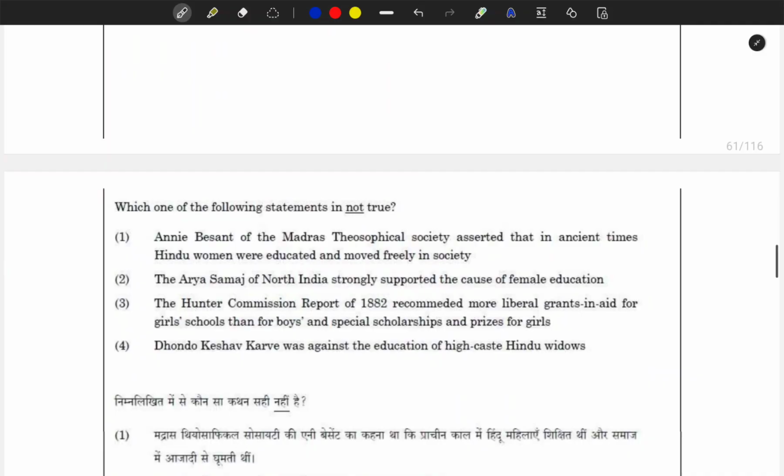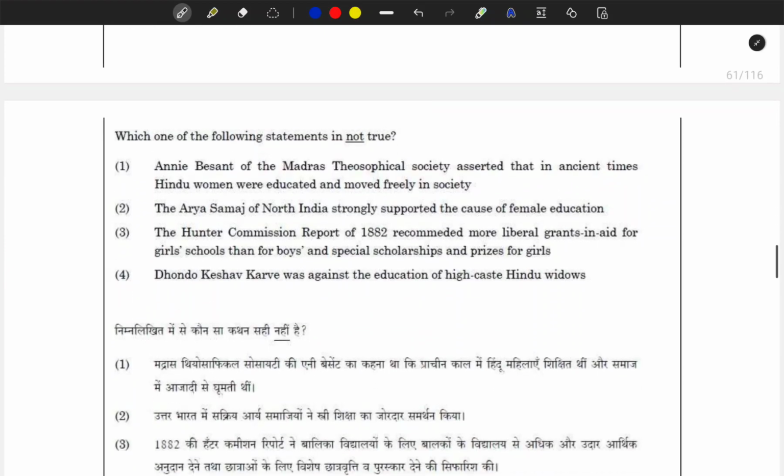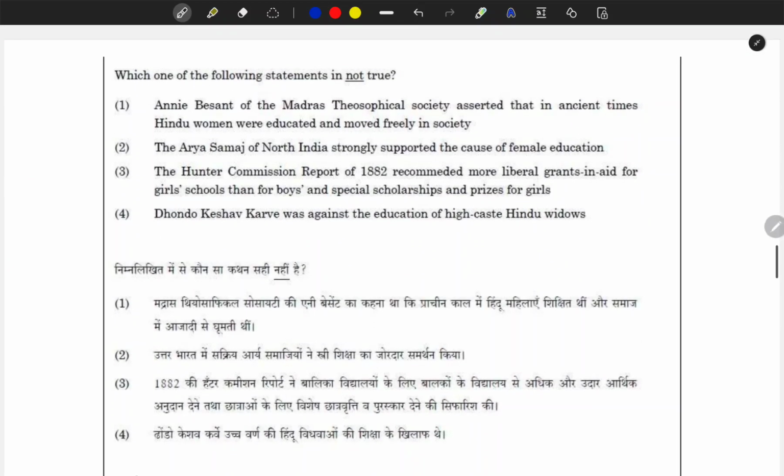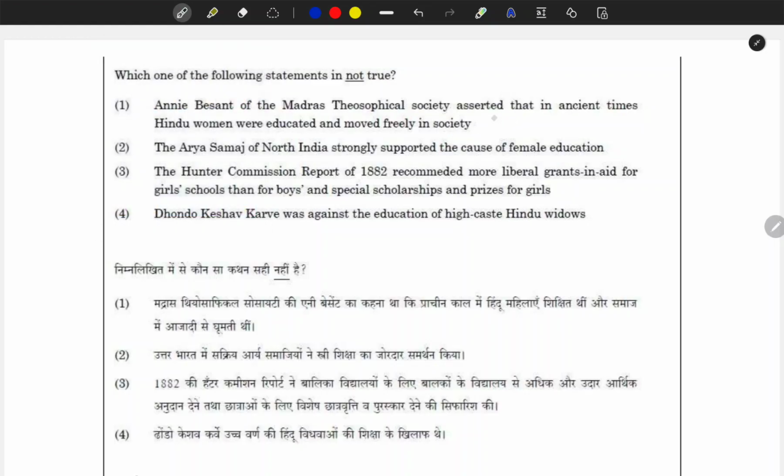Next is, the Madras Theosophical Society asserted that in ancient times Hindu women were educated and moved freely in society. Maybe, but this is a progressive statement, so the chances are high.